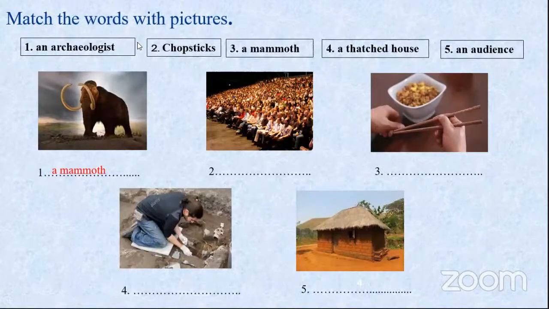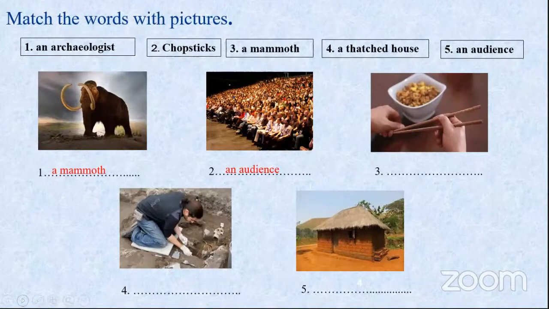Second one, you can see a picture of an audience. There are a lot of people in a hall, so we call them an audience. So the second answer is an audience.